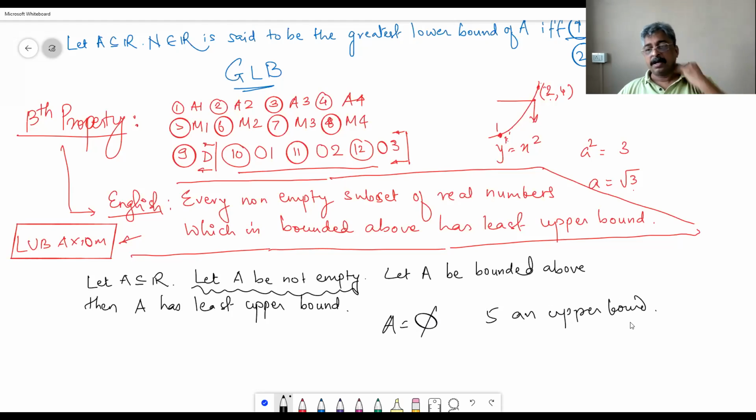For the empty set, we have to accept and say yes, because how can I challenge and say no? Ambiguity, always ambiguity. So therefore we are not getting into this business, and we are making it clear that it has to be a non-empty set. Then only the LUB axiom is applicable. If it is an empty set, it doesn't make any sense. If you have nothing to compare, what are you trying to compare?